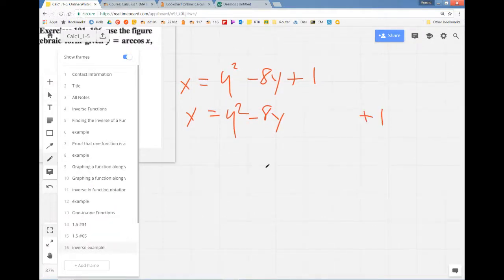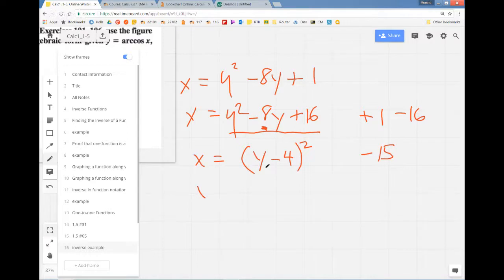And then find half of this, 4. 4 squared is 16. That's the perfect number that will make this into a perfect square. Of course, I just added 16, so I have to subtract it. So now you'll find that this is literally y minus 4 squared, which is why I did that, and this is minus 15.